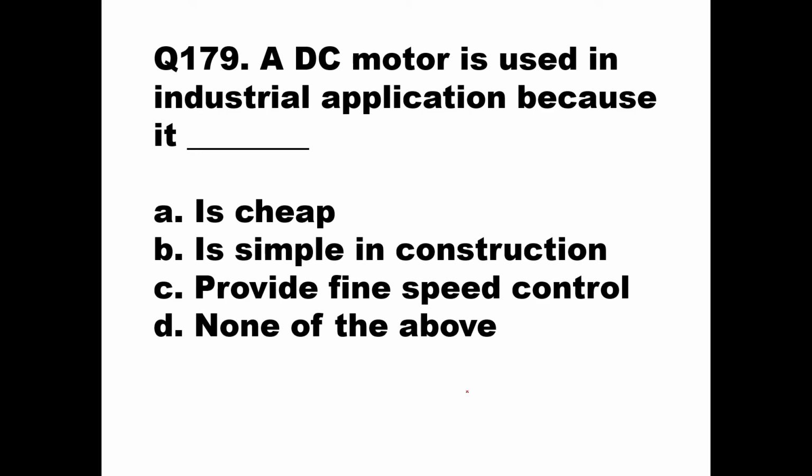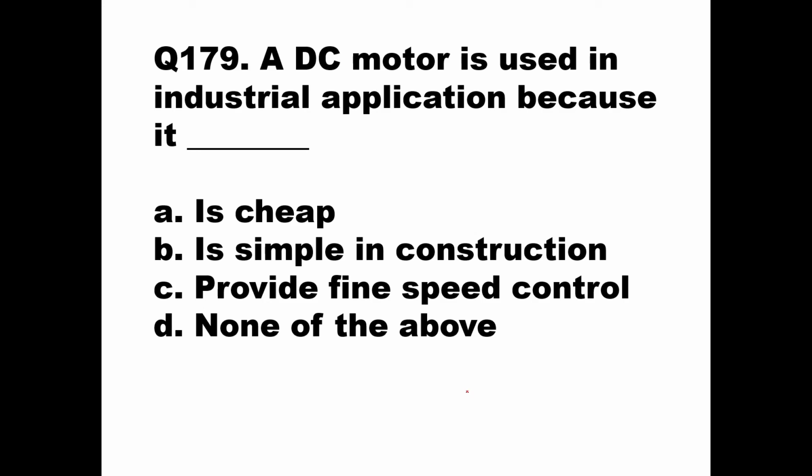A DC motor is used in industrial application because. The options are: option A, it is cheap. Option B, it is simple in construction. Option C, it provides fine speed control. And option D, none of the above. The best advantage of DC motor to be used in industrial application is that it provides very fine speed control, very minor speed control also.